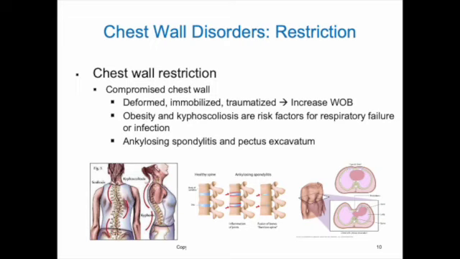Now, obesity and kyphoscoliosis are risk factors for respiratory failure and risk factors for infection, but they don't necessarily cause the respiratory failure in and of itself. Primarily these are going to cause a higher risk for these individuals to be going through things like infection.